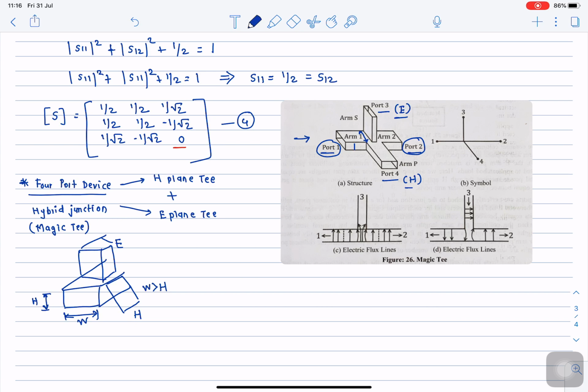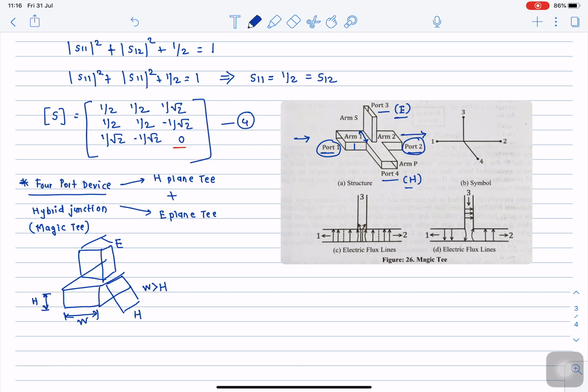It will come from one side arm port to the other side arm port also. So the power we are feeding at port number 1 will come at port number 2, and similarly we normally assume that it will also come at output port number 3 as well as output port number 4. This is a normal assumption.